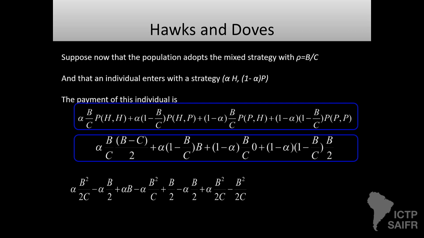Let's do this. The payoff matrix was like this. This is hawk, dove, hawk, and dove. Now what I am saying, for example, in this case, let's go back.